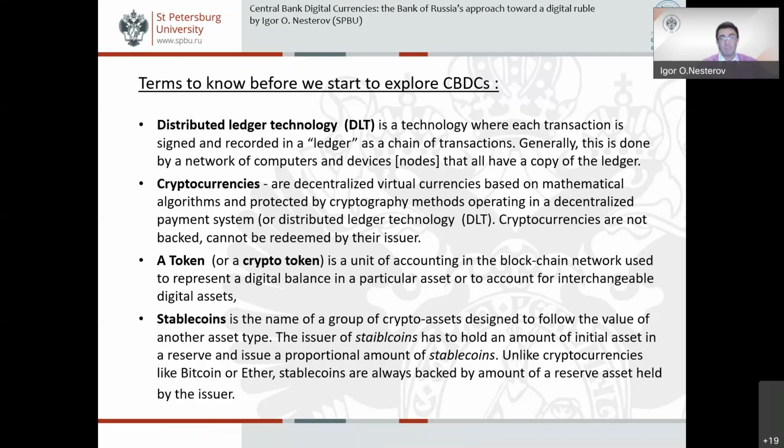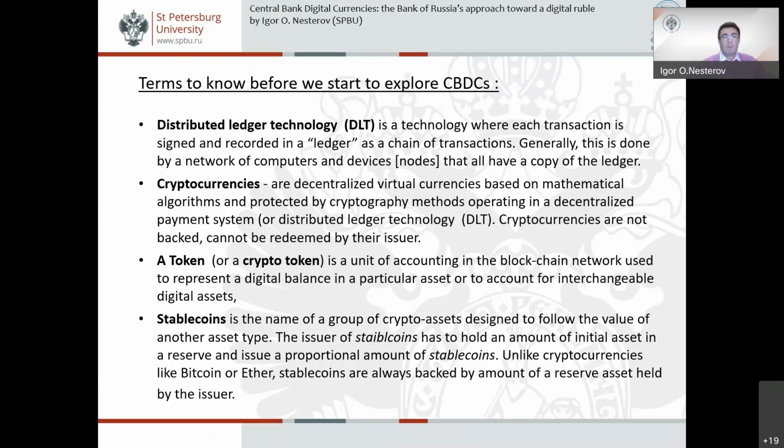Cryptocurrencies like Bitcoin, Ether, the most widespread cryptocurrencies in the world, and altcoins, that is other cryptocurrencies other than Bitcoin and Ether, are crypto assets that are not backed by any physical asset. It's important to stress that as a result, they cannot be redeemed by the issuer. But still, they are intended to be used as a means of payment.